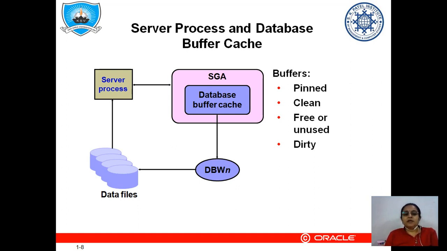So DBWN will take care of this. From the buffer cache, it will take the data and store it into the data files using these flag variables. Fine. So let's proceed.